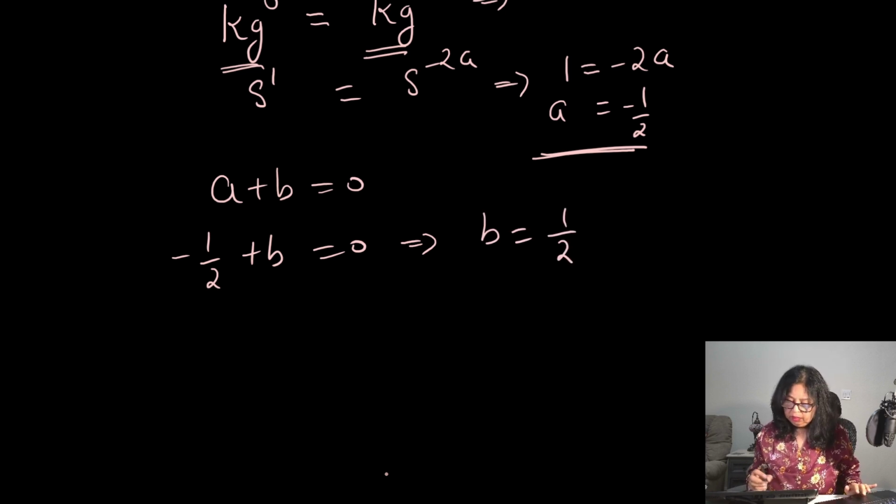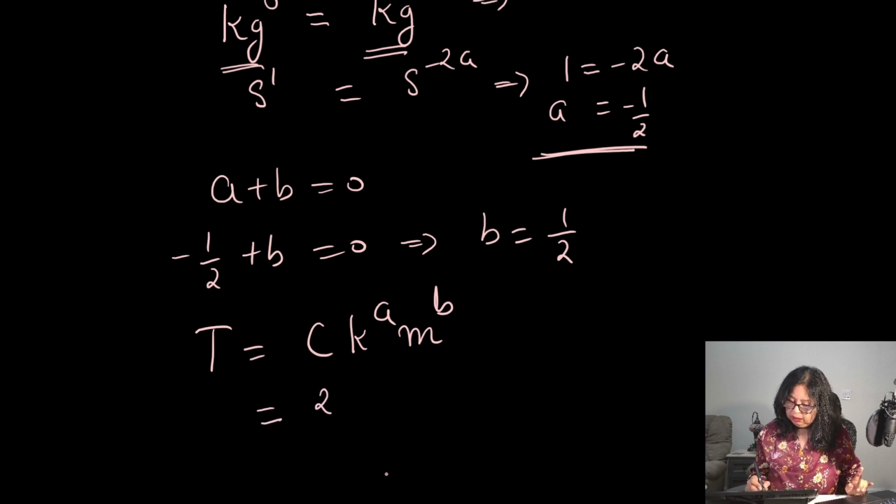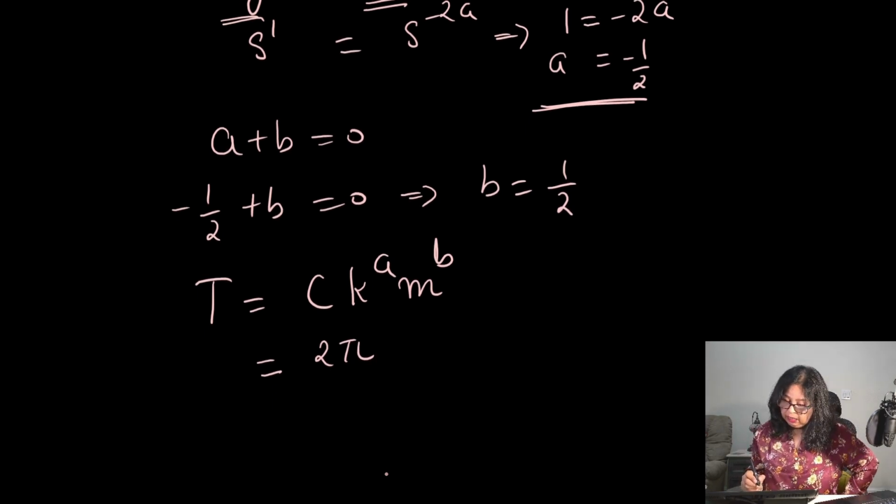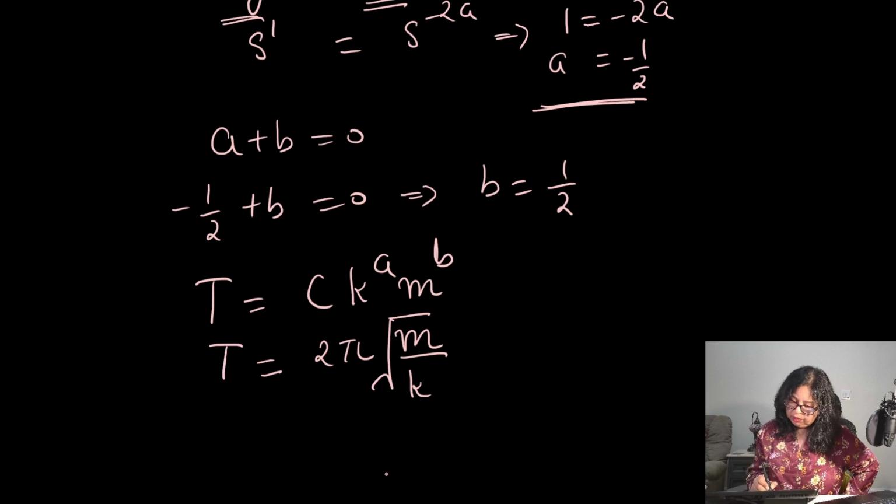Okay, so T is equal to C times K to the power A times M to the power B. C is 2 pi. We know it from experiments. A is minus 1/2, just like before, and B is 1/2. So that gives root of m over k as T, that is T equals 2 pi times the square root of m over k.